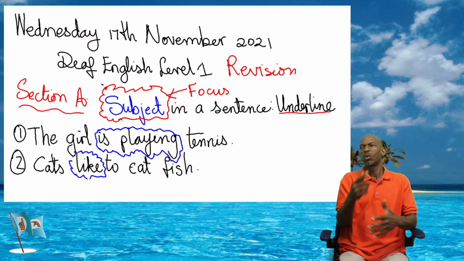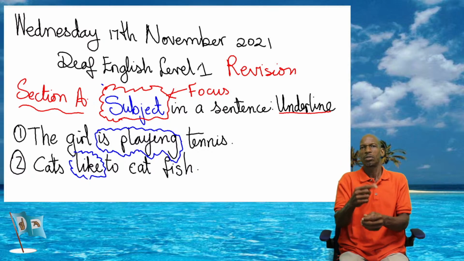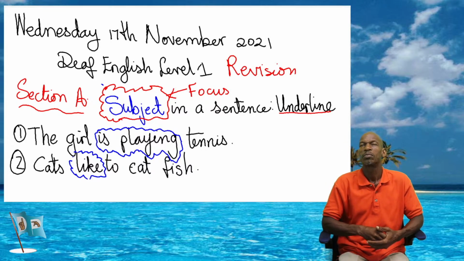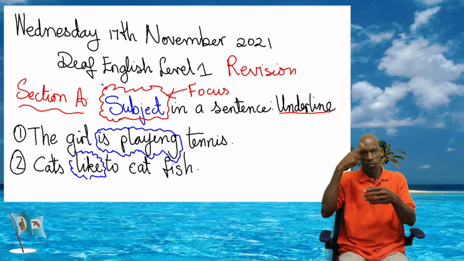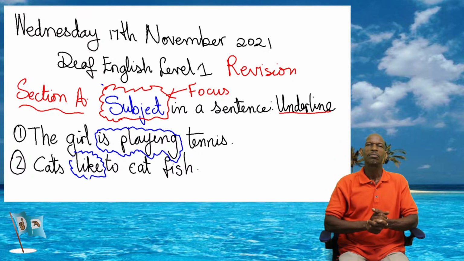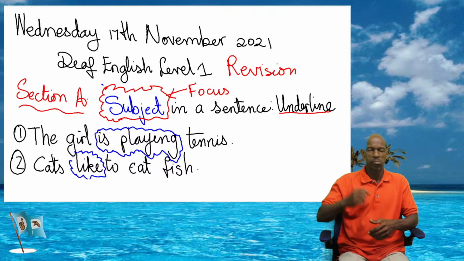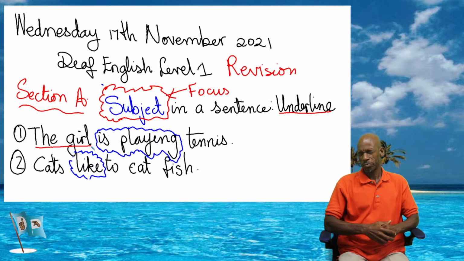What is the subject in number one? Sabriki, what is the subject of the sentence? All right, so the subject of the sentence is the girl. You can't forget the word the.